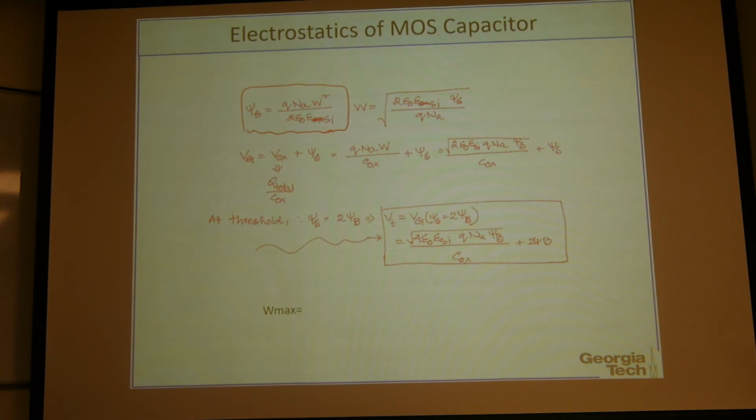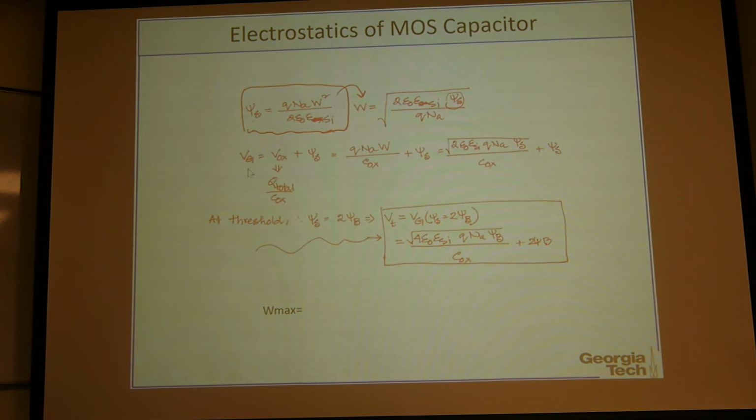And then if we back calculate W, you move terms around and then take the square root, you will get W equals the square root of 2 epsilon 0, epsilon silicon, and phi s divided by QNA. So that means the W is proportional to the square root of the phi s.